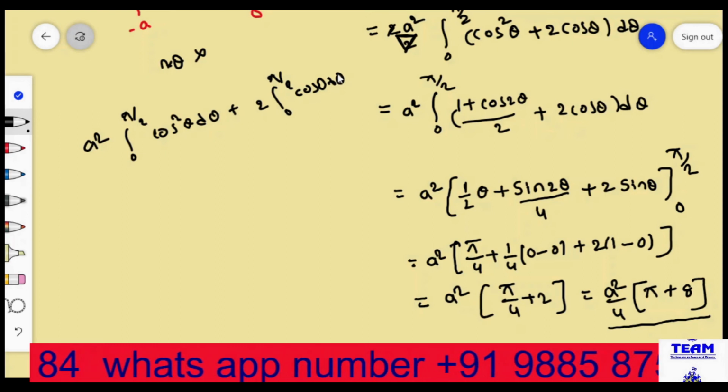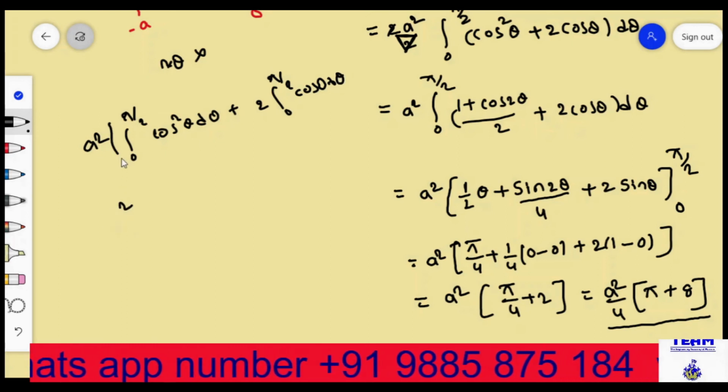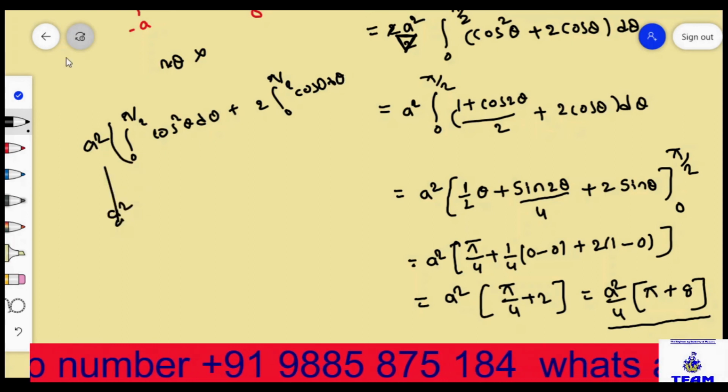This is a square, friends, a square for all.